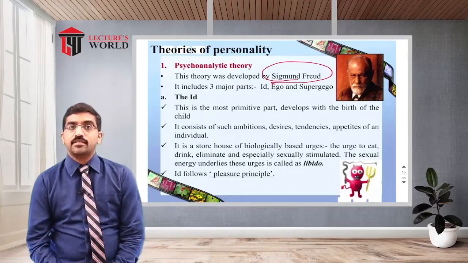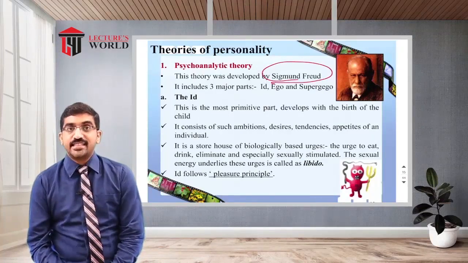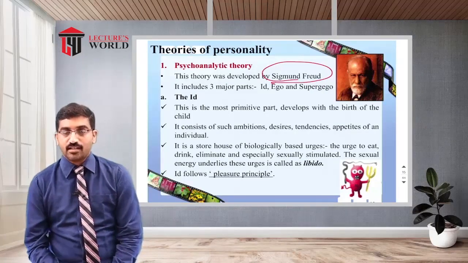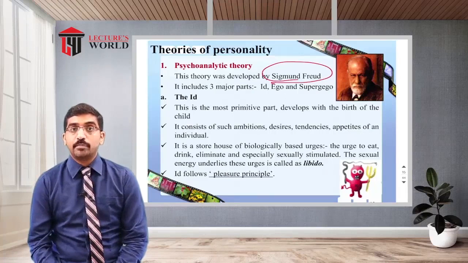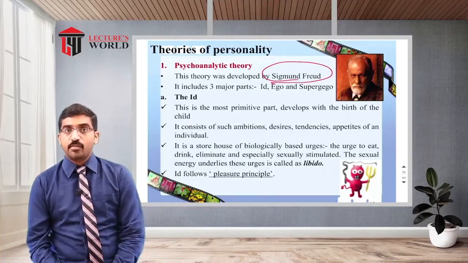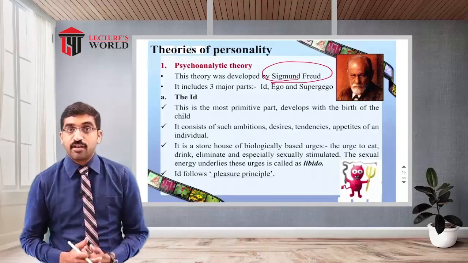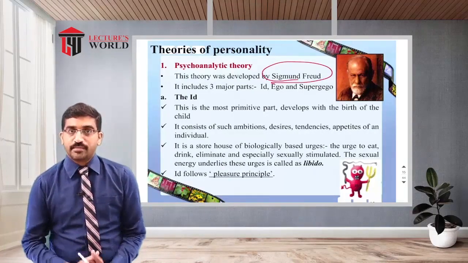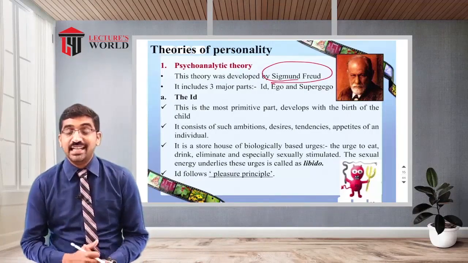Developed by Sigmund Freud. You know who Sigmund Freud is? He is considered the father of psychoanalysis, not the father of psychology, because he analyzed the human being. He studied the human being. Until today, no scientist or psychologist has changed the thoughts of Sigmund Freud. They have just modified them, but not completely deleted or changed them.